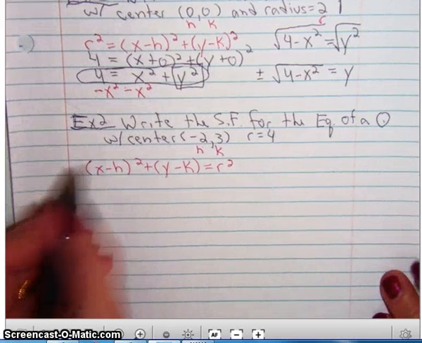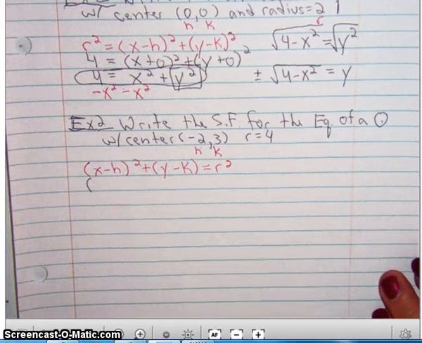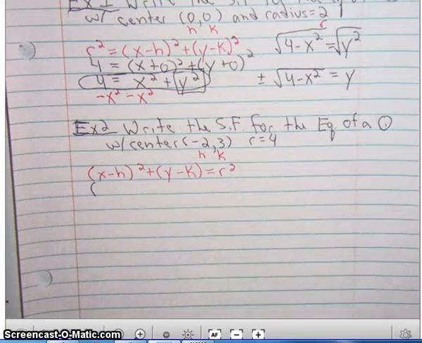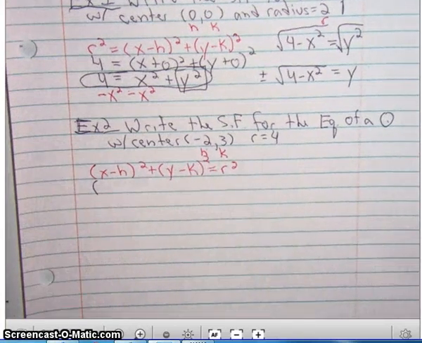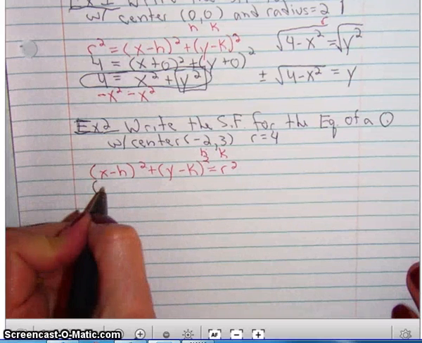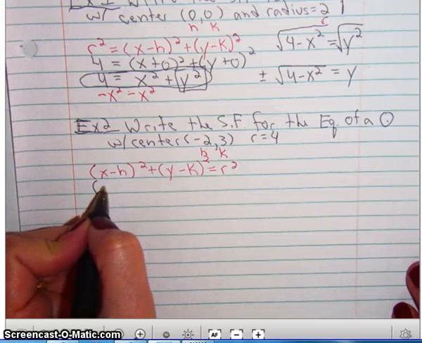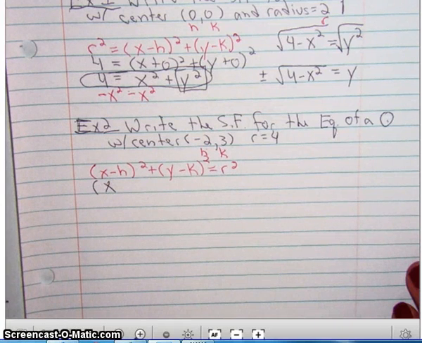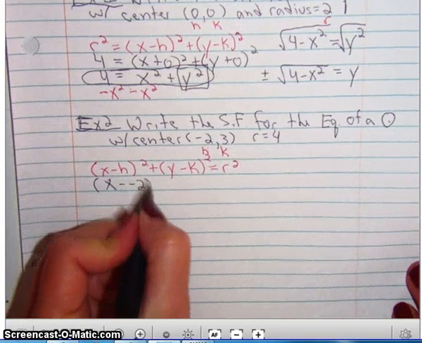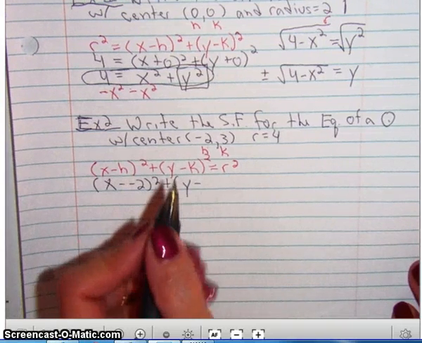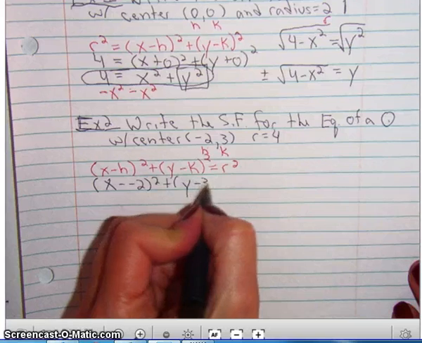All right, so off we go. Can somebody do the first part for us, please? Go ahead, Brianna. So put h and k into the equation. x minus negative 2 squared, plus y minus 3 plus 3, so minus 3, squared.